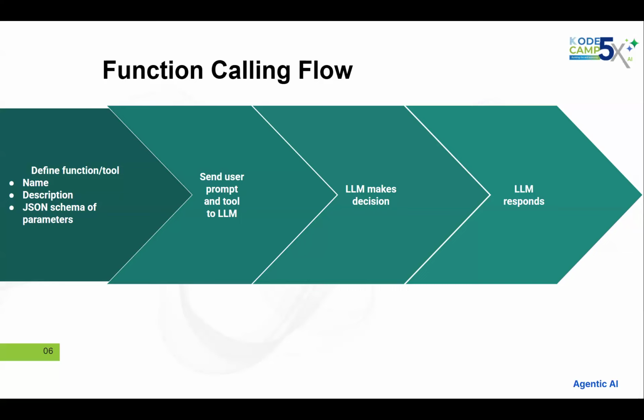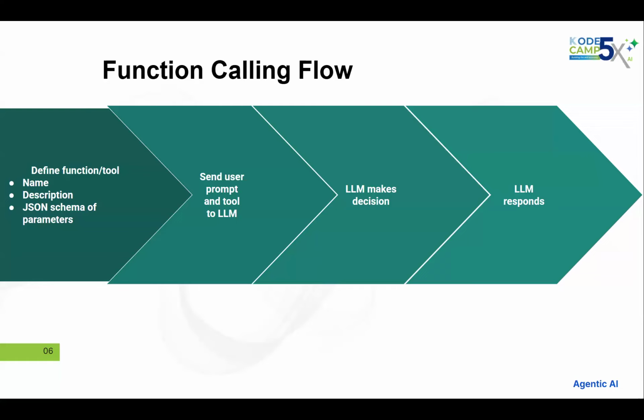And you also need to provide a JSON schema of the function parameters, because it's based on that JSON schema that the LLM can construct the function calling output and provide that JSON function calling response, which will now be used by the environment to execute the function.